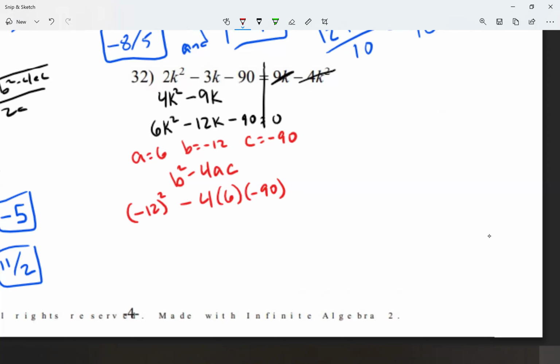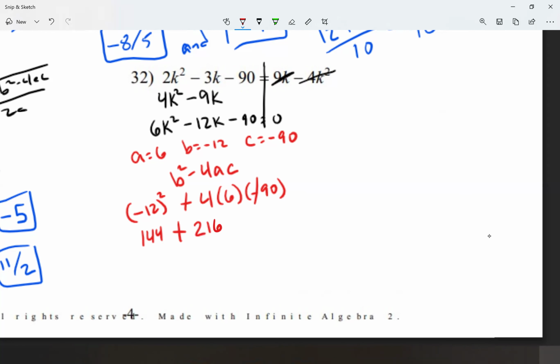I know negative 12 squared is 144. And then these two negative signs make a plus sign here. Then I'm going to multiply 4 times 6 times 90. And that happens to give me 2,160.